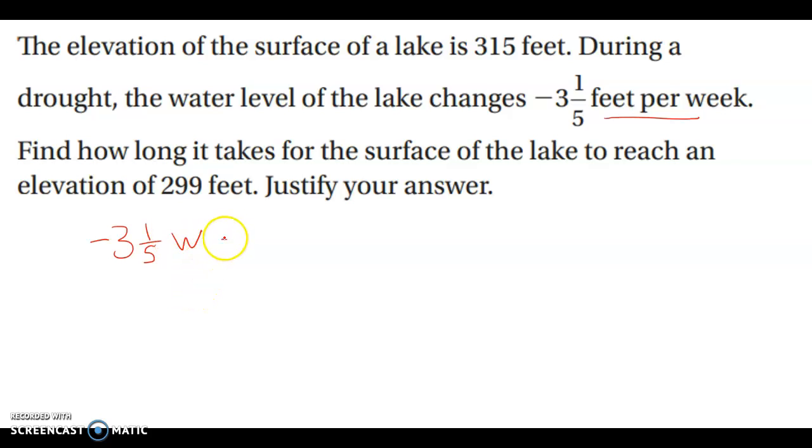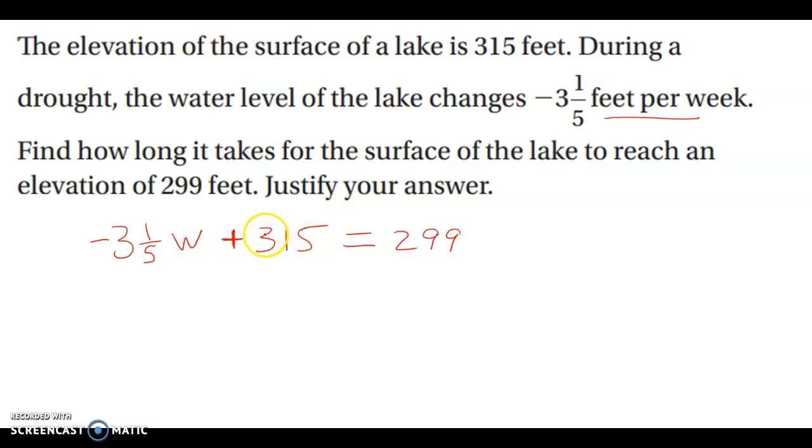And then the original elevation of the lake is 315 feet, and we want to get it to 299 feet. So we want to know how many weeks it's going to take for the lake to drop down to 299 feet. So the first thing I would do on this one is see how many feet the lake dropped.